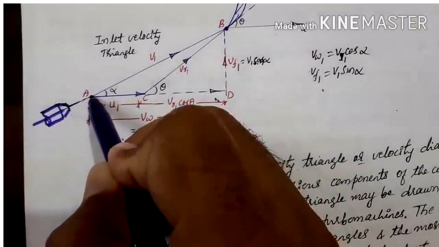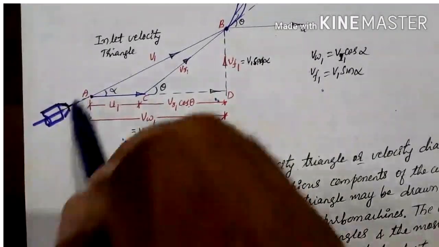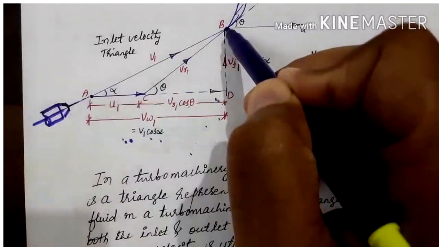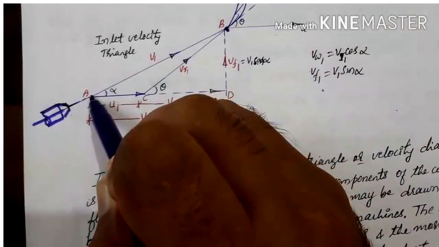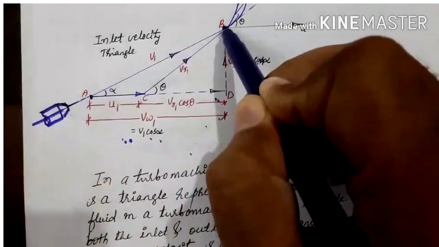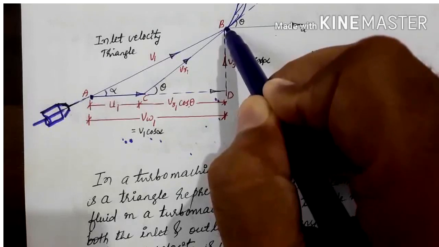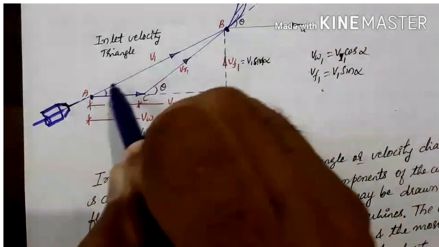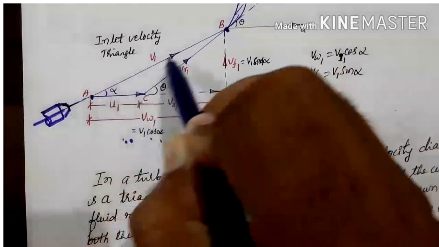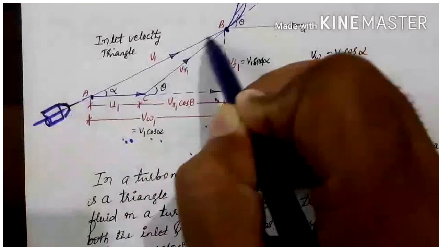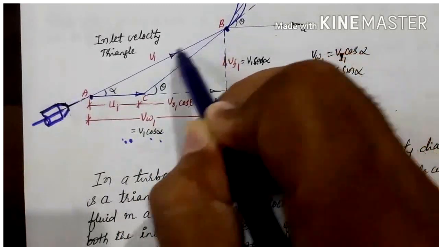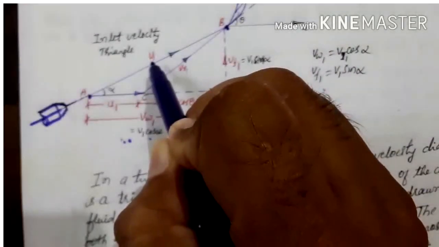Take a point A and draw a line AB, and mark B at the tip of the blade. Take point A and draw a line AB, with B taken at the tip of the vane. This AB line should have a magnitude of V1, so AB is equal to V1, and this has both magnitude as well as direction.